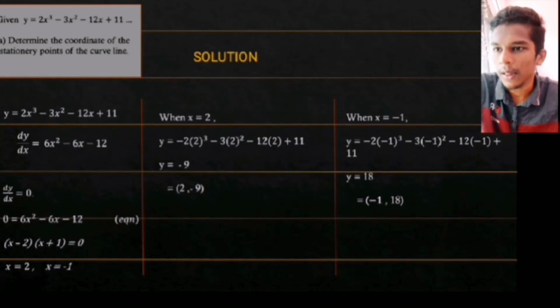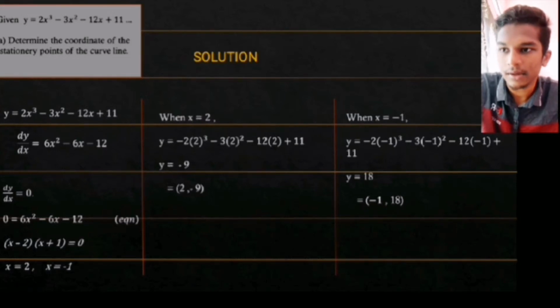The first step for the solution is we must find dy/dx of the question given. These are the solution, and the second step is we have to equate dy/dx to 0. Copy back the expression and set it equal to 0, and with the solution of the equation we will get x equals 2 and x equals -1.